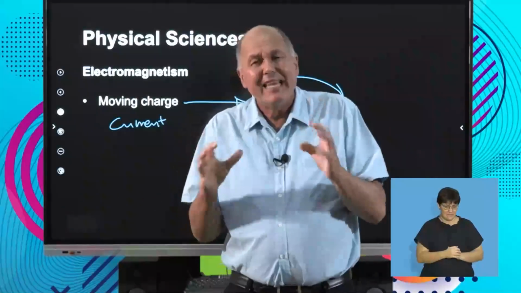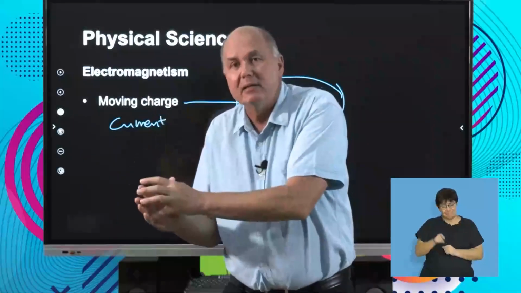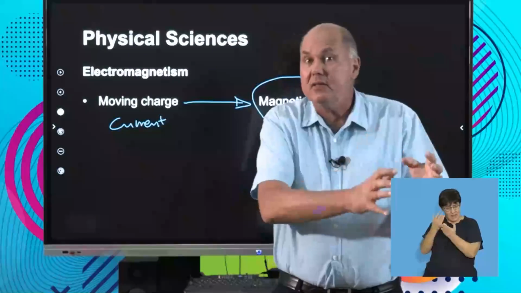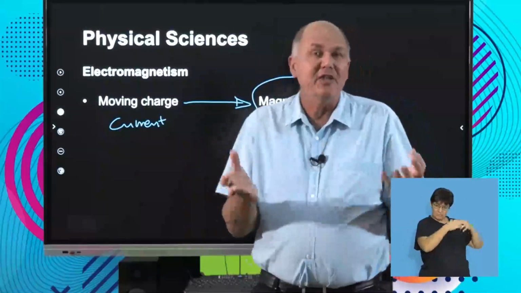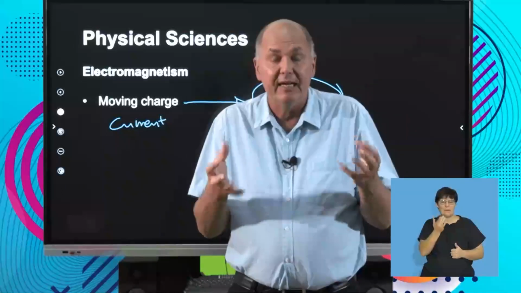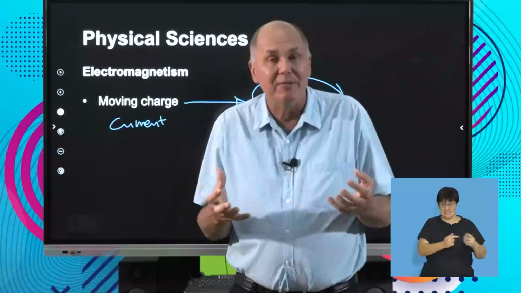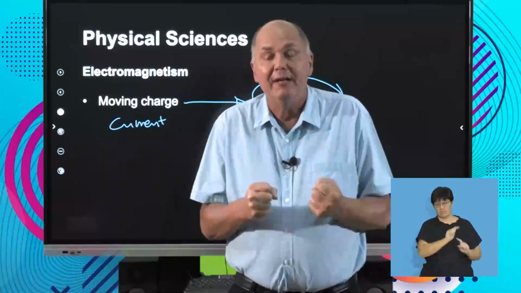But the key idea was, is there a way to use magnets to create electricity? Because at this stage, they only had very primitive cells, batteries, electrochemical cells, and they weren't very reliable. So people wanted to have electricity.